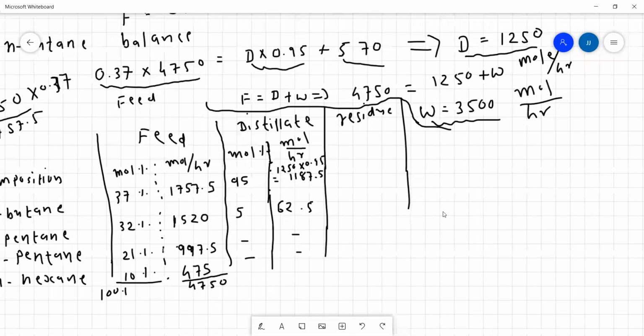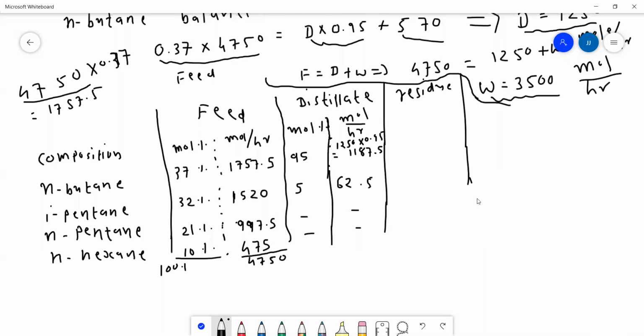So now the residue. In the residue again we have a molar flow rate, mole percent, and mole per hour.